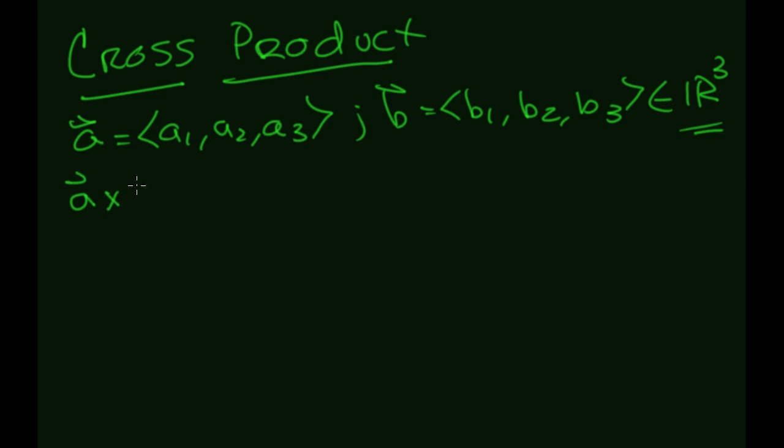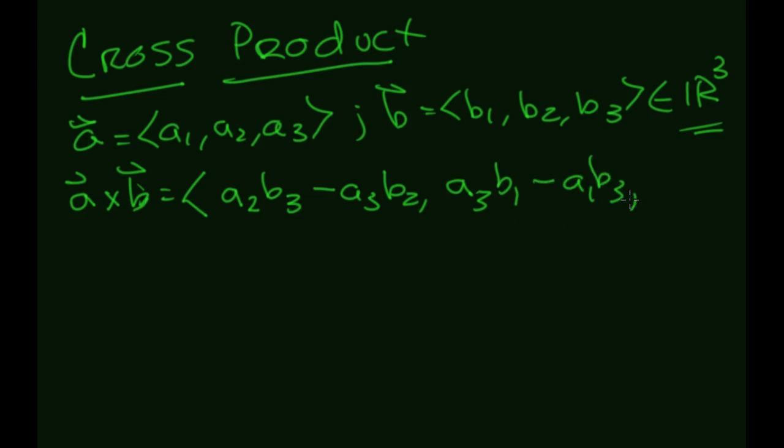So we're going to represent another vector called AB, which is a very interesting multiplication of the components here. So we take A2 times B3 minus A3 times B2, then A3 times B1 minus A1 times B3.